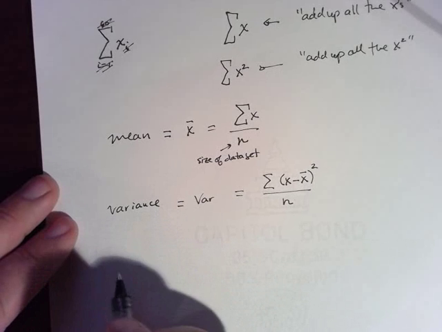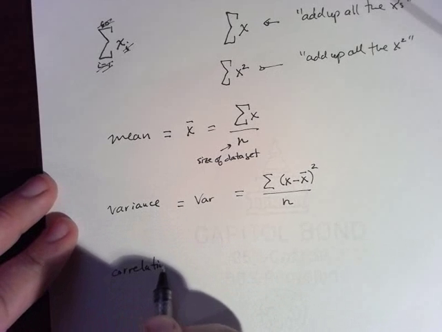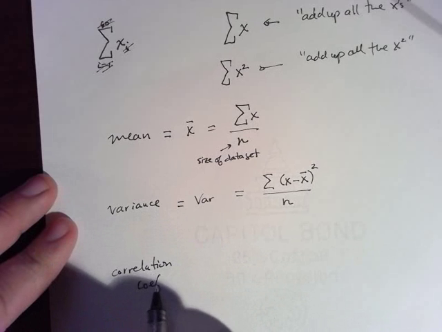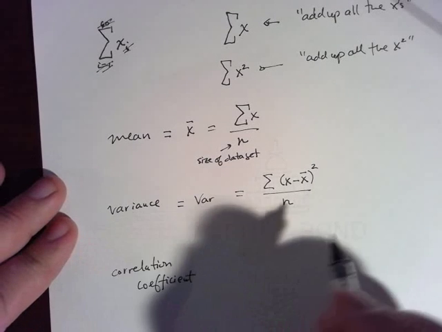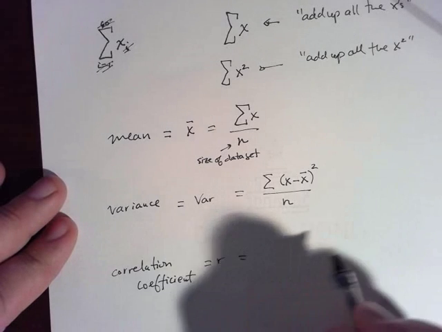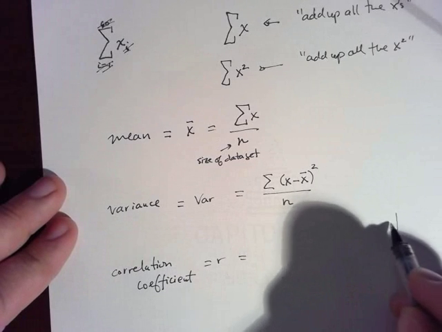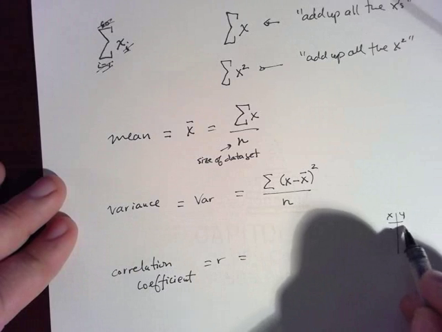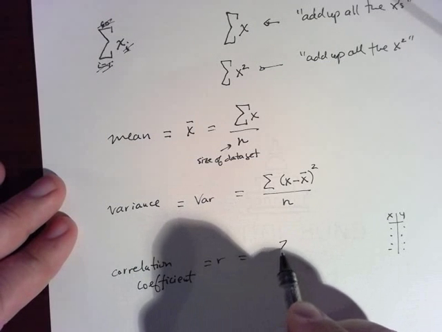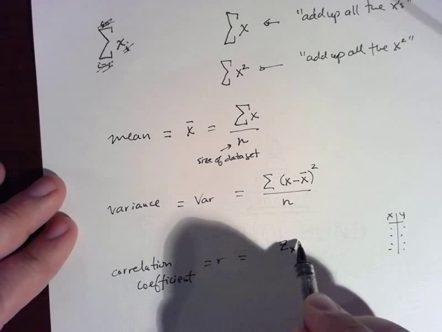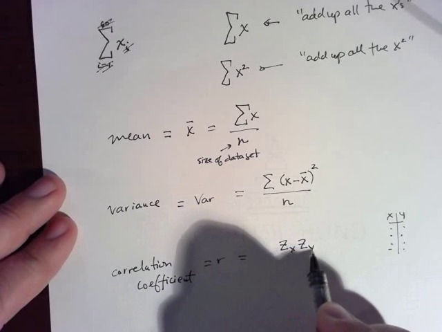The correlation coefficient, which we've seen more recently, which is r. That's when you're dealing with ordered pairs, remember. So you have ordered pairs of values. So then you get the z-score for each x and the z-score for the corresponding y.